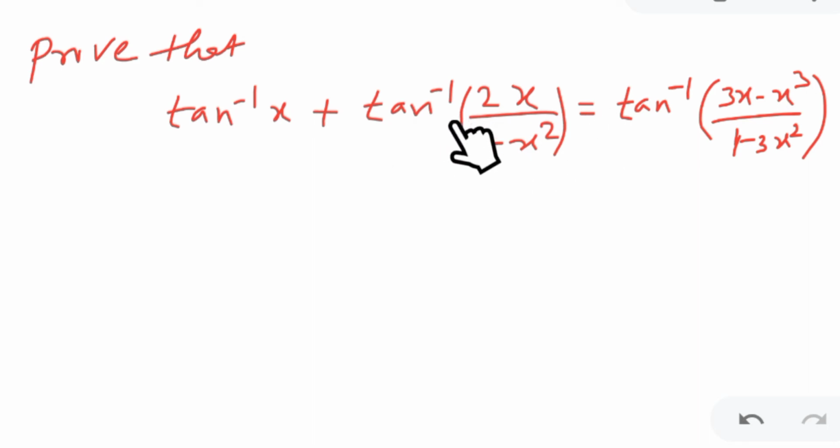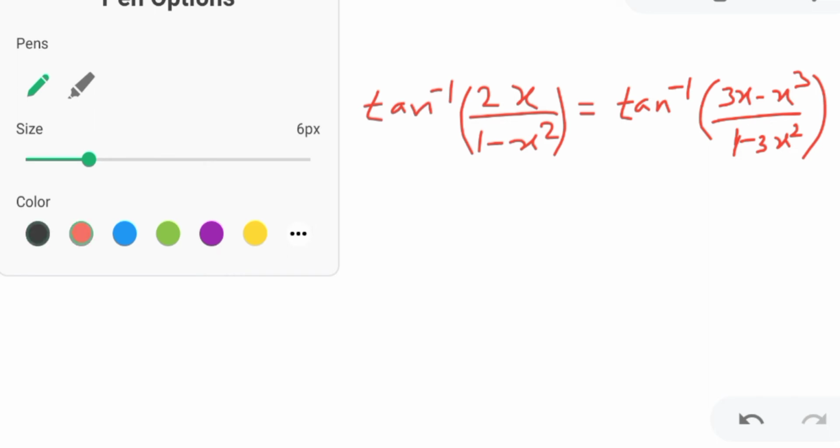Here also I will assume x is equal to tan theta. Then I can start with LHS or RHS, from any side.